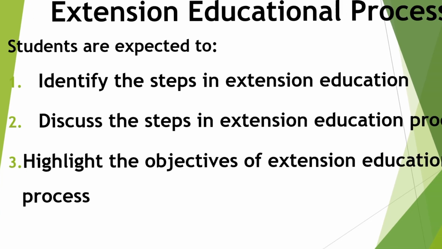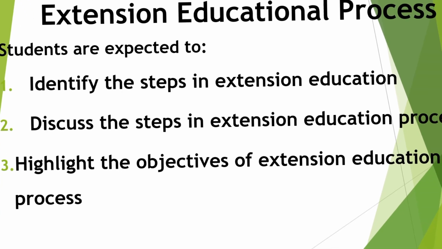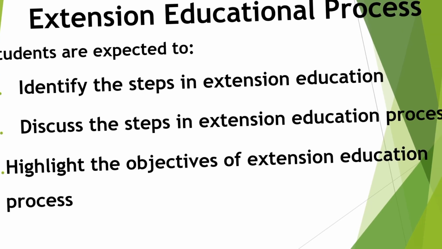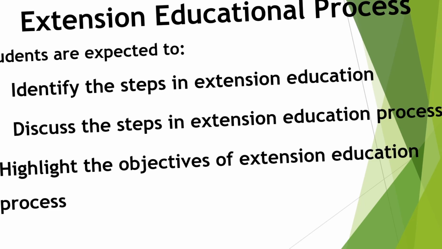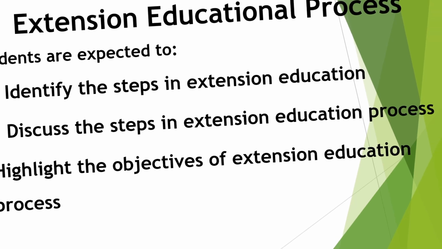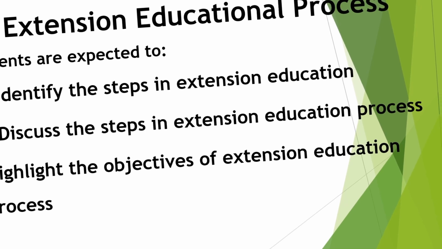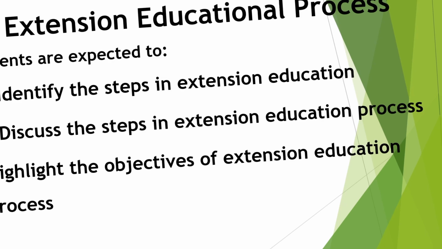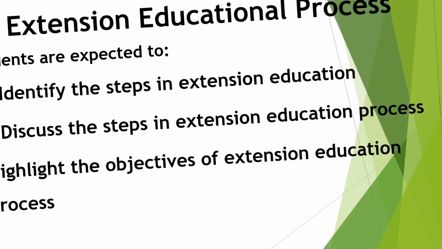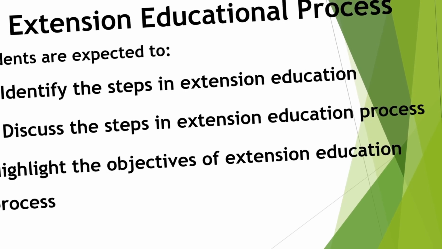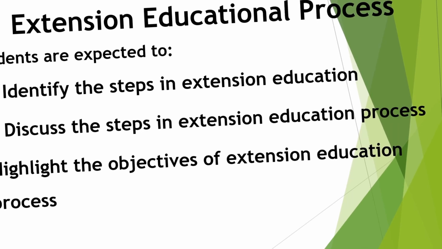Experience shows that planning, teaching, and evaluation takes place continuously in various degrees throughout all phases of extension activity. So let's look at these steps. Of course, we've said earlier on, they are not unbounded. Sometimes they may be connected to each other.